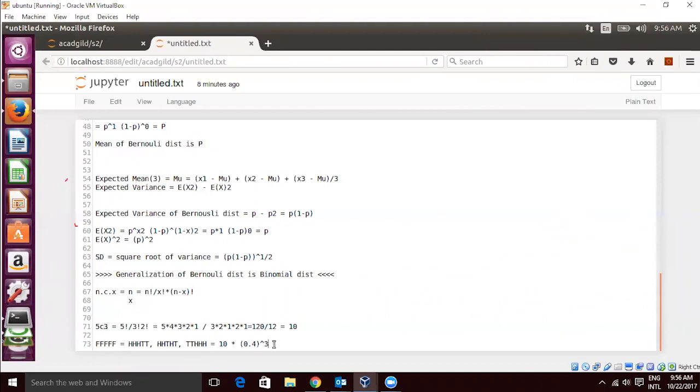Into the probability of getting tail, 0.6 to the power of 5 minus 3.